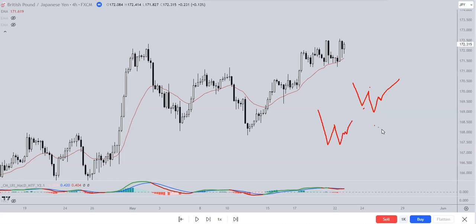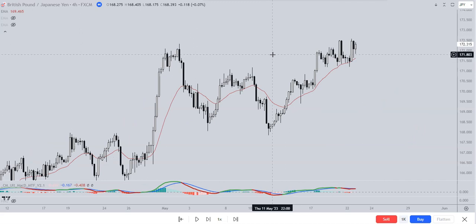And some of the times the move stops there. A, B, C, the C comes here, so this is the shallow C, all right, and then it goes up. So there are different variations.